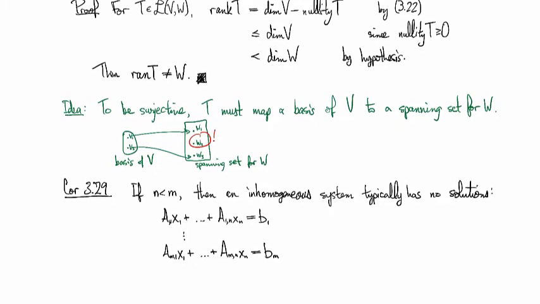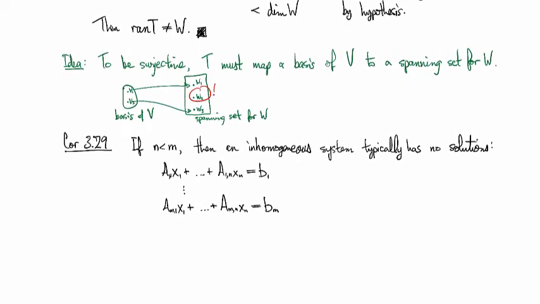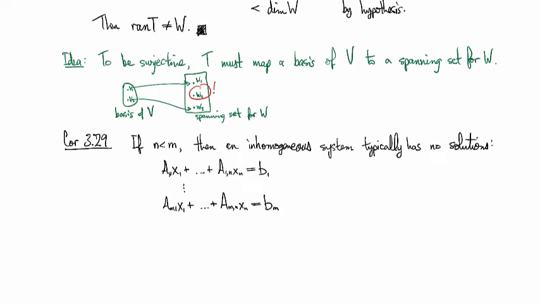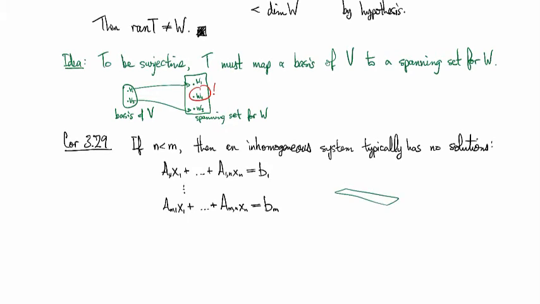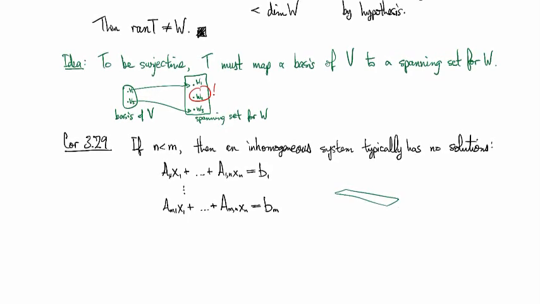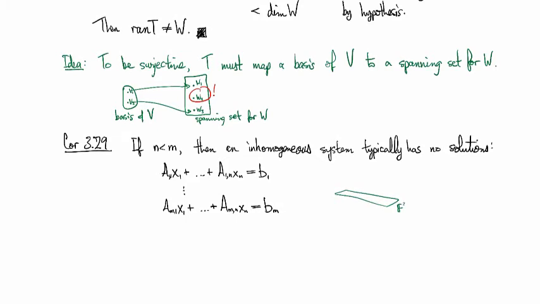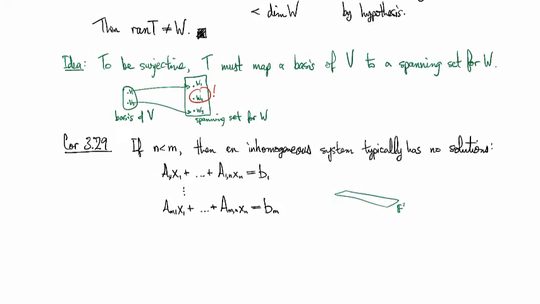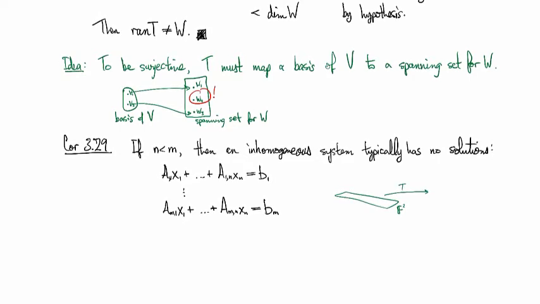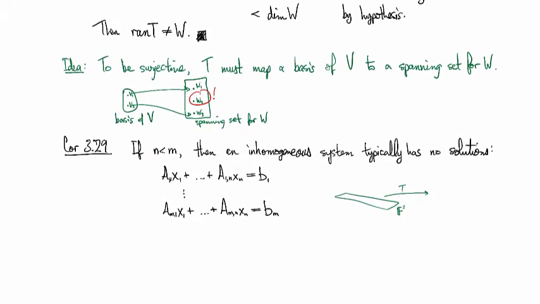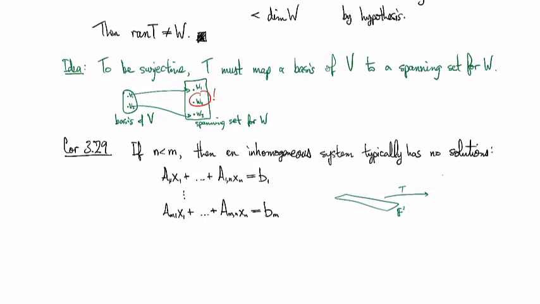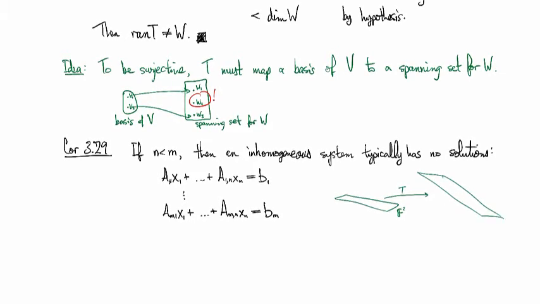Okay, and so here's a diagram to explain why it's not necessarily going to work. So if we have, say, some two-dimensional space like this, so here's a picture of F2, and say we have some injective linear map T. Well, if it's injective, then the output of this is going to look like a plane as well. But if we're mapping into R3, then maybe that plane looks like this.